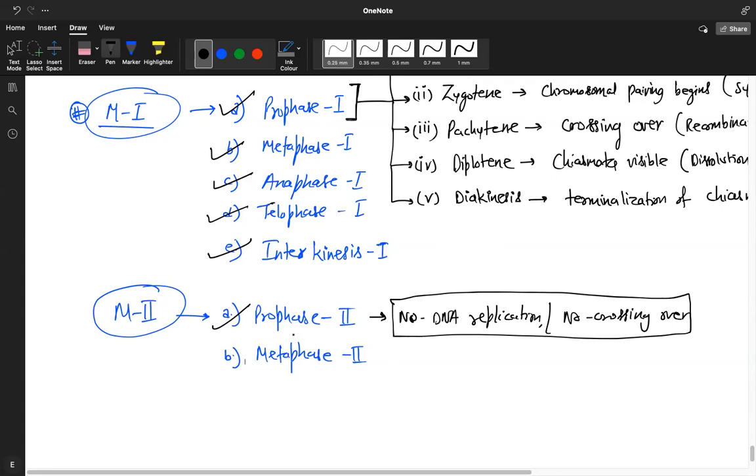Yes. Good. Then third is anaphase 2. Tell me, Iram. Centromere splits. And sister chromatids move towards opposite poles of the cell. Yes, right.